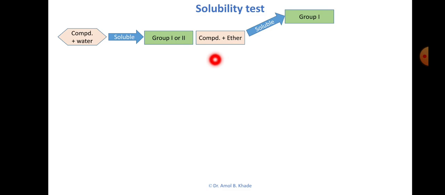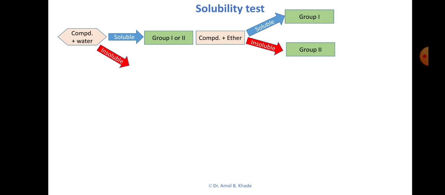If your compound is solubilized in the ether, then it belongs to group 1. If the compound is not solubilized in the ether, that indicates the compound belongs to group 2. So this is how you can categorize your compound into group 1 and group 2.